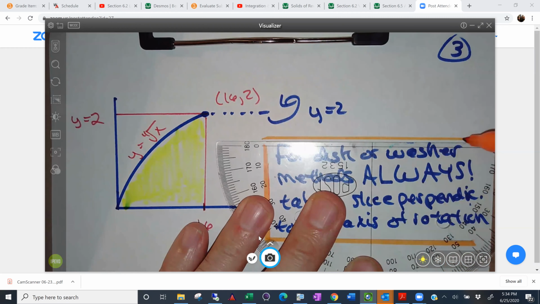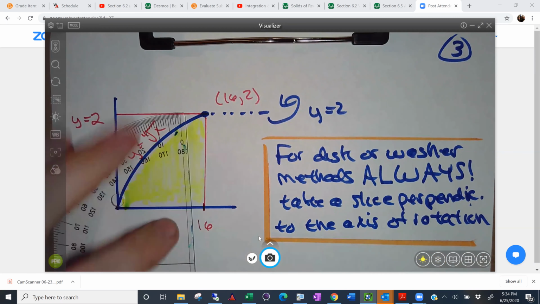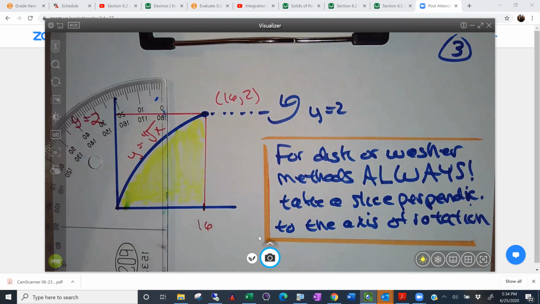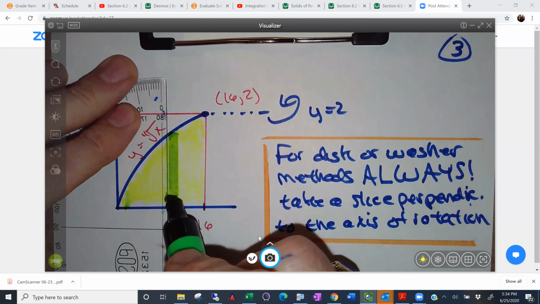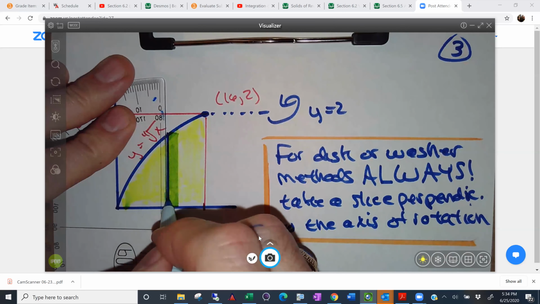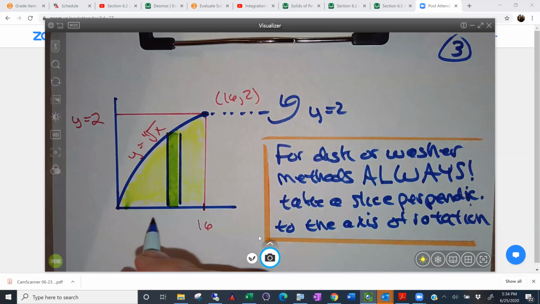So right now we're rotating over y equals 2, right? That's correct. And we're rotating this region, the shaded region in yellow. So if I take a slice perpendicular to this region, it's going to be like this right here. It has a dx thickness, and that's fine.